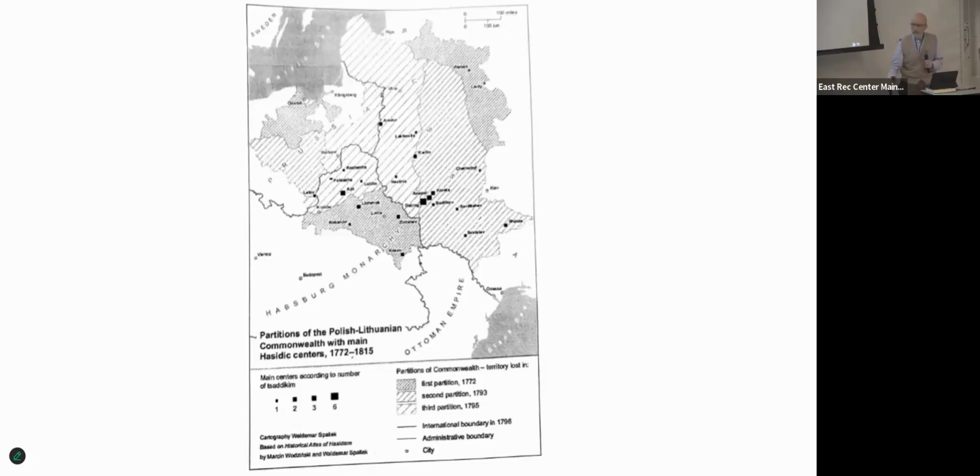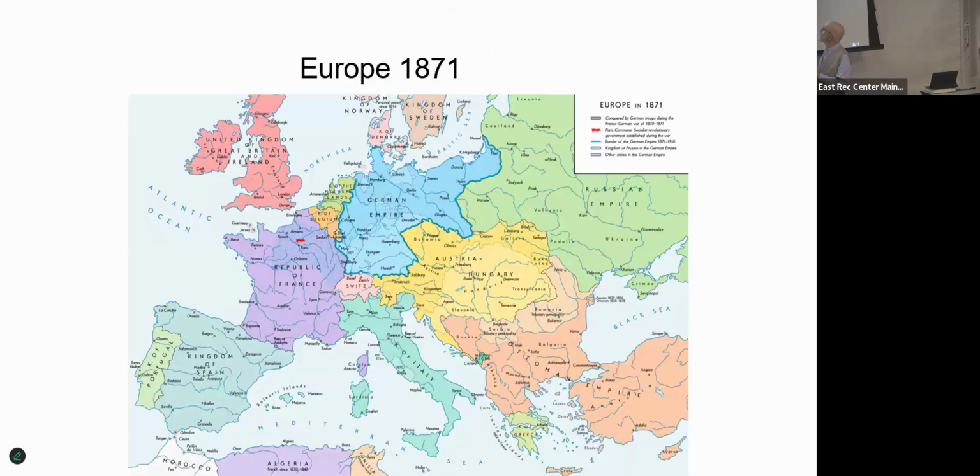Let's see, can we? Yeah. So here is 1871. And all of a sudden, you see Warsaw and Bialystok are part of Russia. Germany all of a sudden has this. Austria has Lemberg.